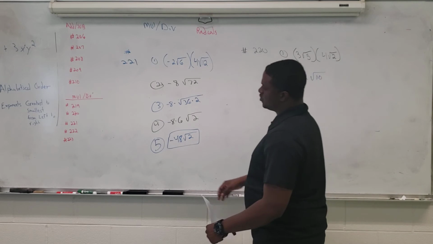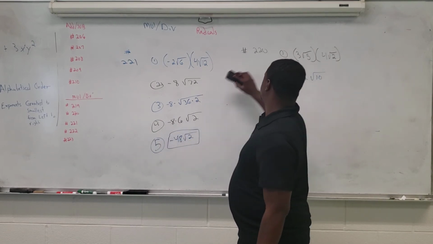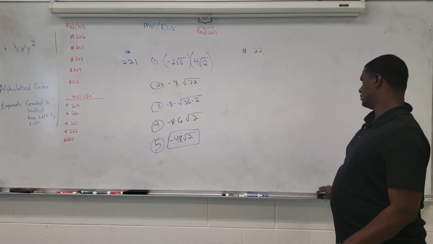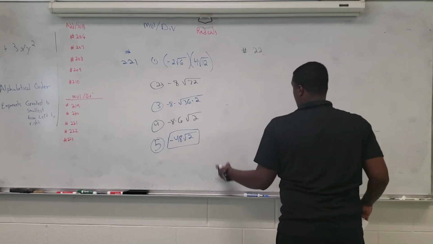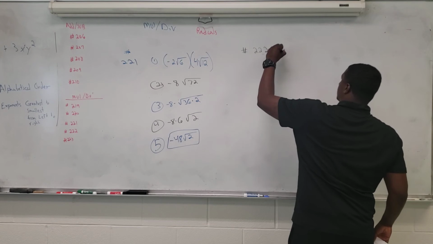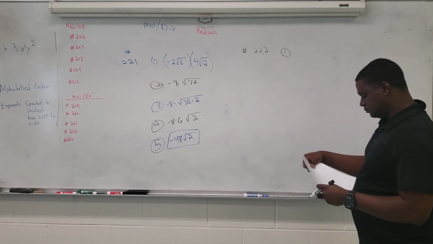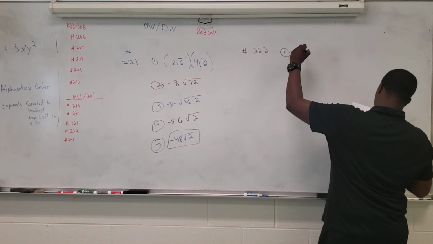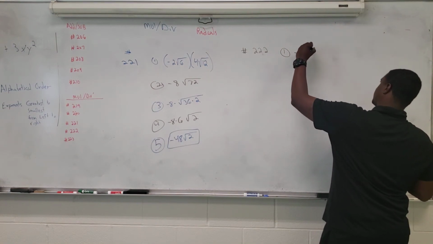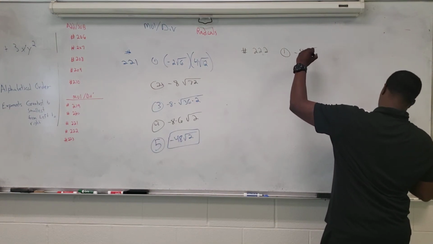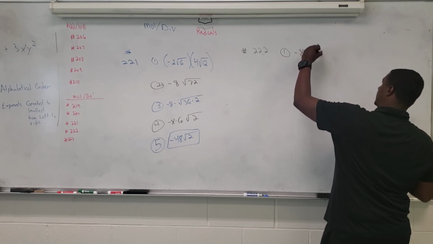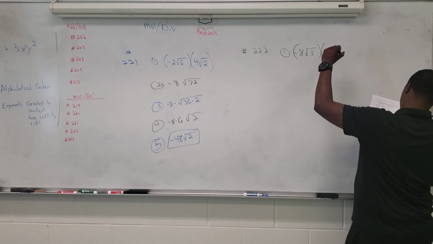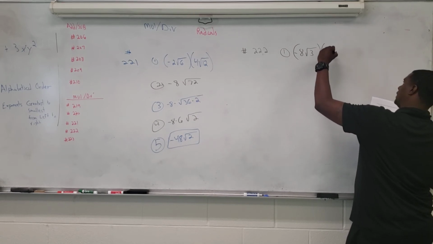Okay, I got 2 more to go. 222. Negative 8 times square root of 3 times 3 square root of 11.